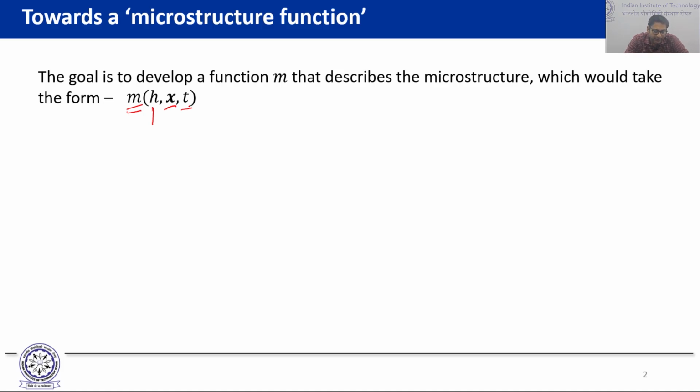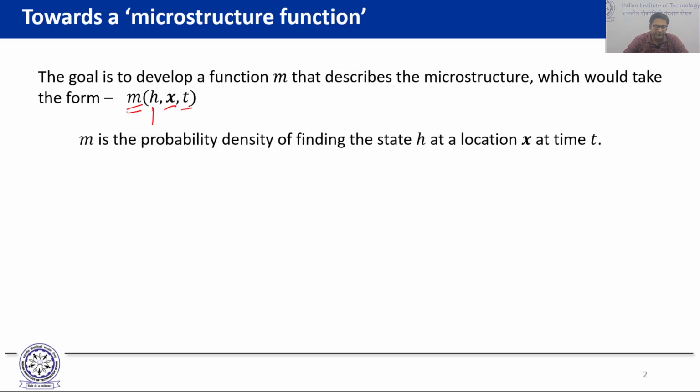And building in the time aspect is important, because when you are looking at problems like grain growth or some sort of a phase transformation happening as a result of which the microstructure changes, many times these things are going to be time dependent. And therefore, when we define the microstructure function, we want to ensure that we are defining it as a function of the local states, as a function of the spatial coordinates, as well as a function of time.